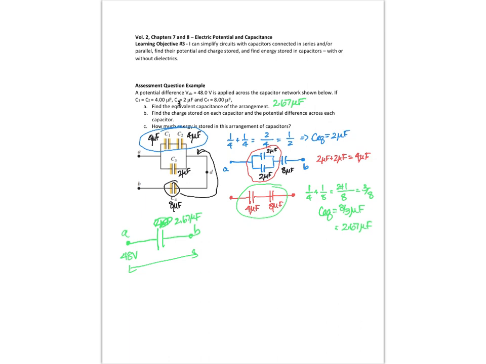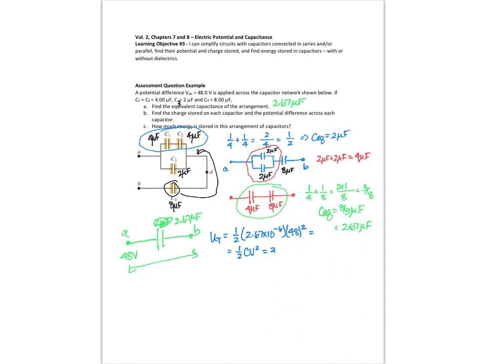If I wanted to find the energy stored in this arrangement, U total can be found by taking 1/2 the 2.67 times 10 to the minus 6 times the 48 squared. And what I was doing is I was using the expression 1/2 CV squared because I had all those values available to me.